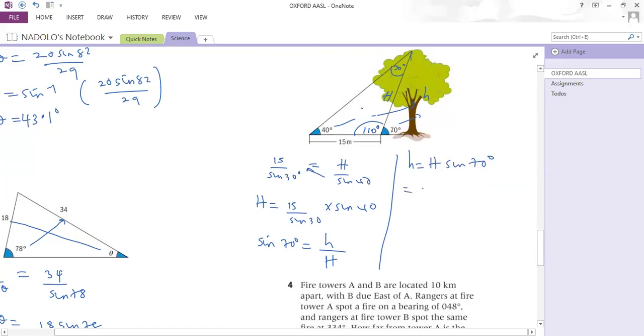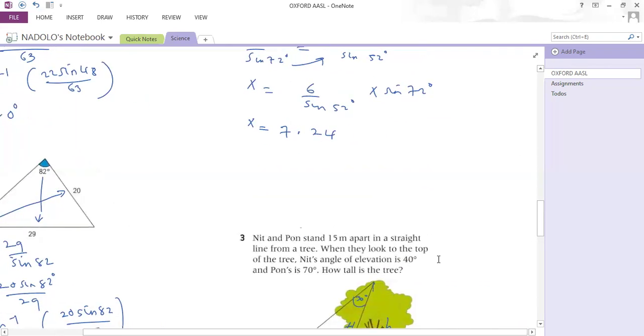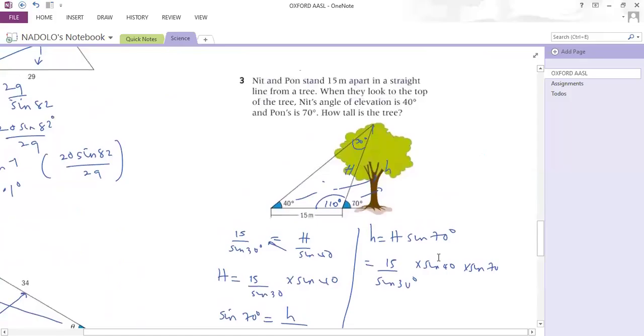And remember, our capital H is 15 divided by sine 30 times sine 40, then times sine 70 now. So put this all in your GDC, and you'll be able to obtain an answer of 18.1 as the height of the tree. 18.1 meters.